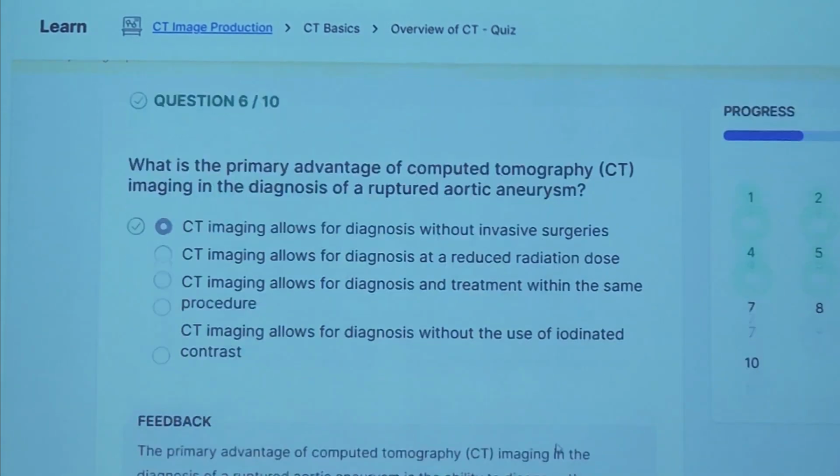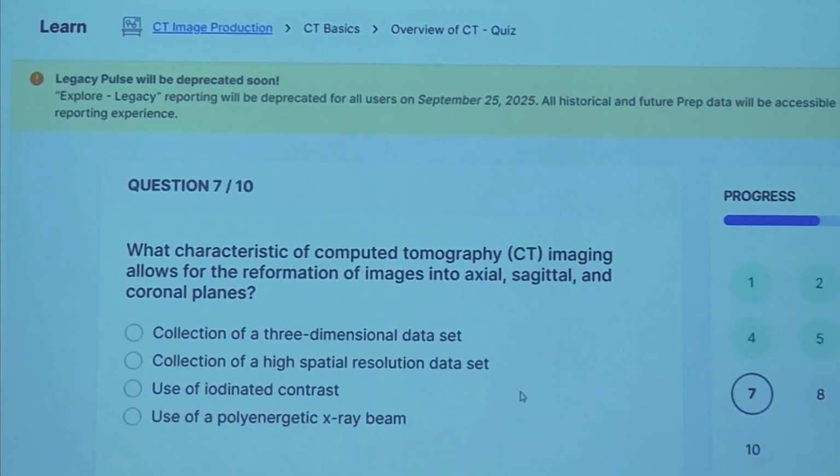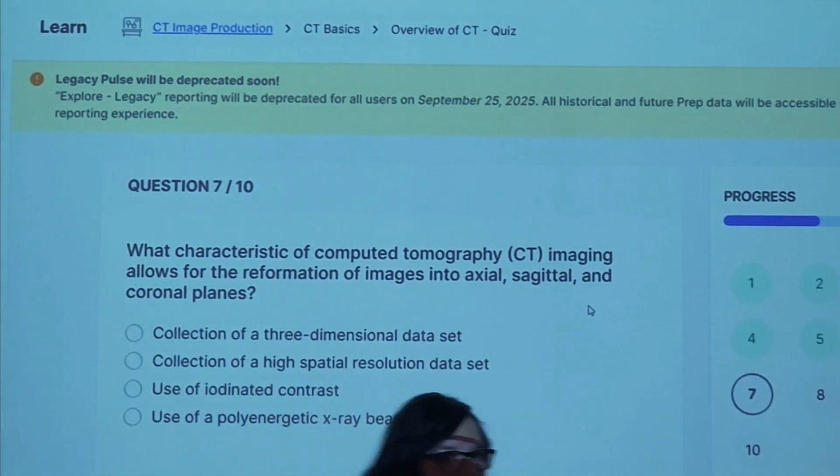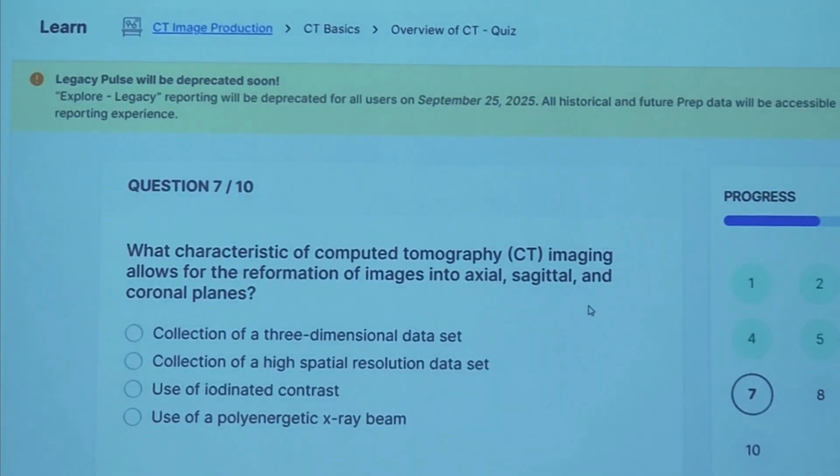All right, moving forward. Okay, what characteristics of computed tomography imaging allows for the reformation of images into axial, sagittal, and coronal planes? This is really going to depend if I cry or not.